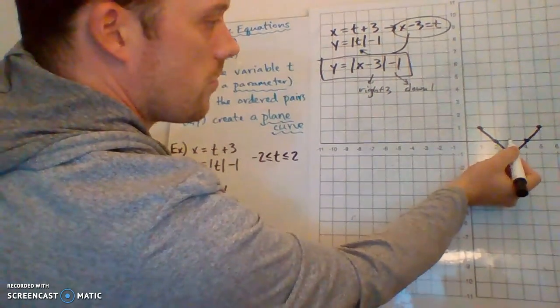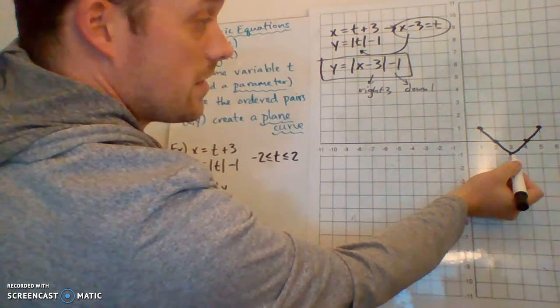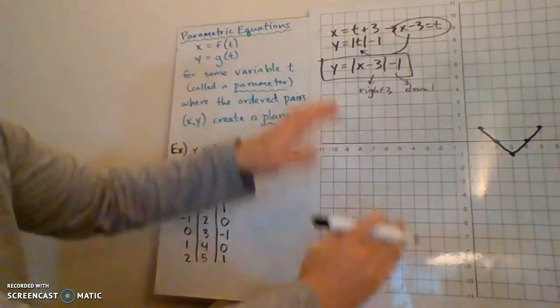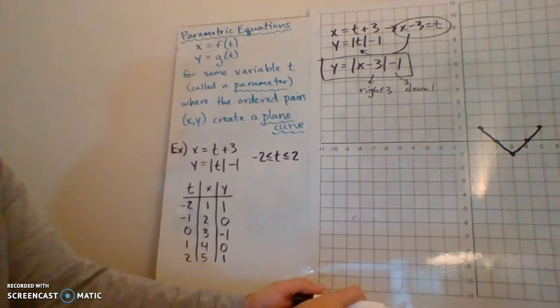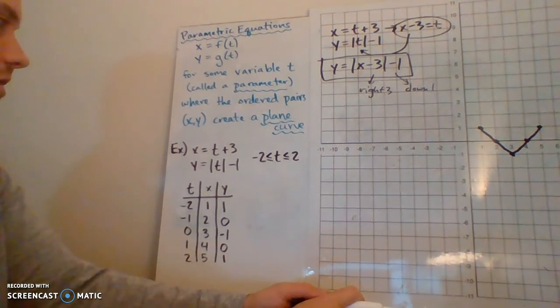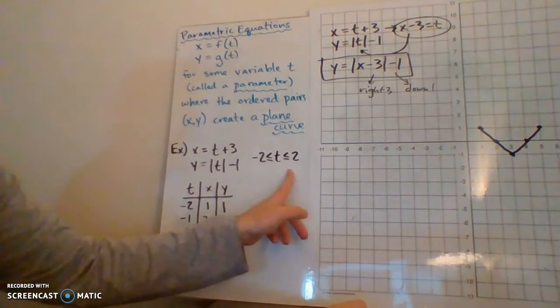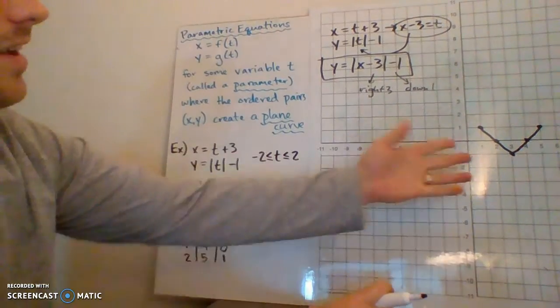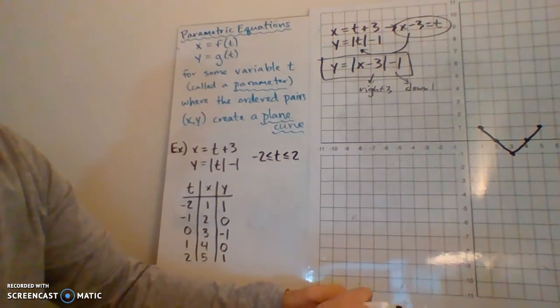If we shift right 3 and down 1, that gives us our vertex that matches our graph. And this equation would have our graph go to infinity in both directions. But again, because we had our parameter set between negative 2 and 2, that's our graph. But it matches the equation that we found.